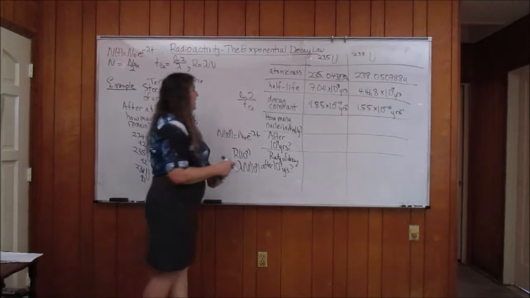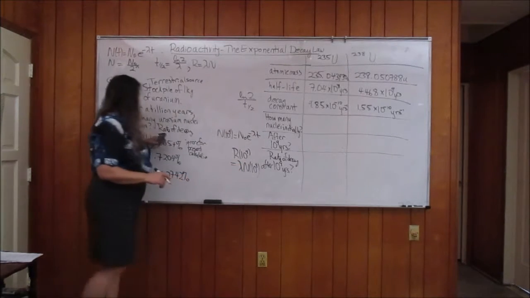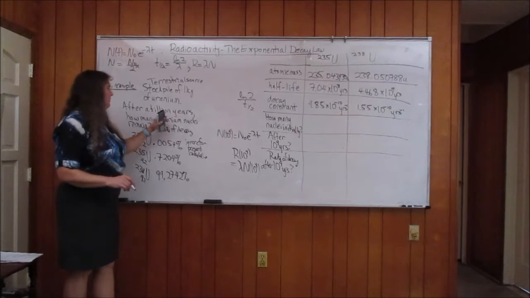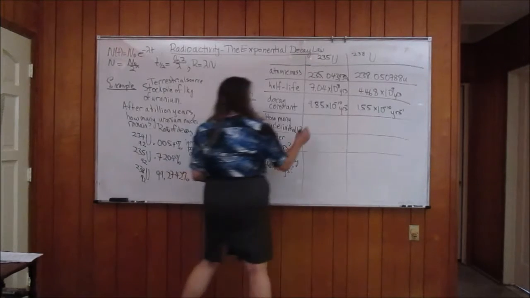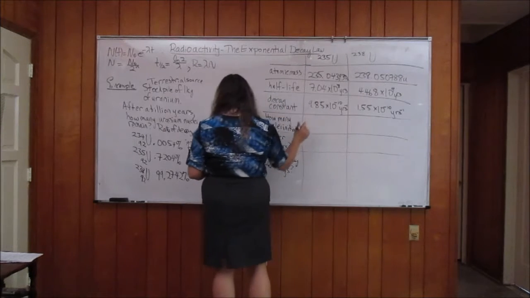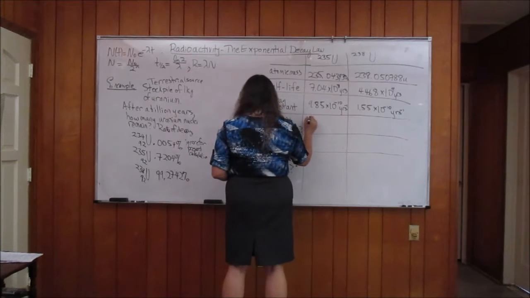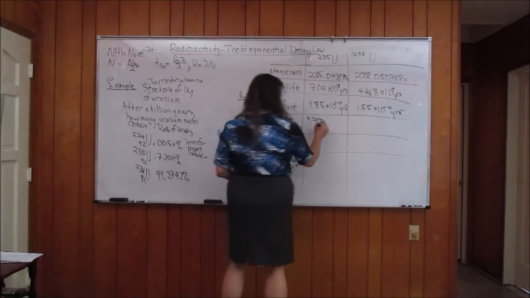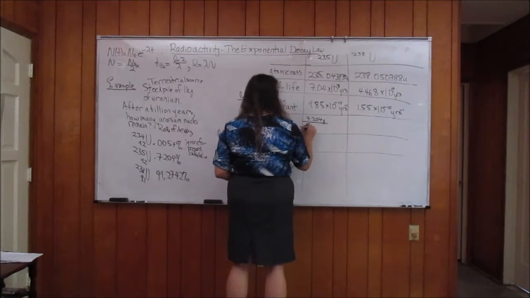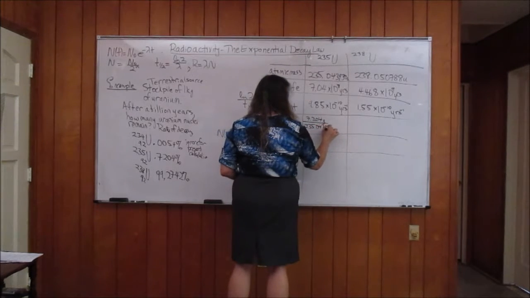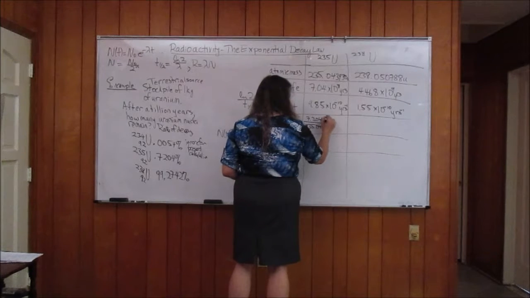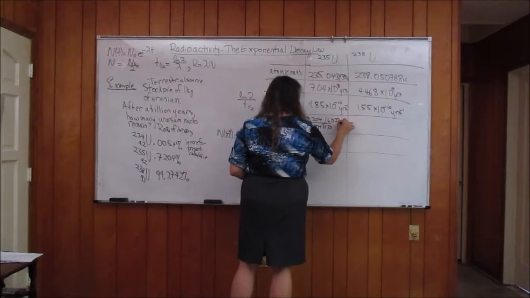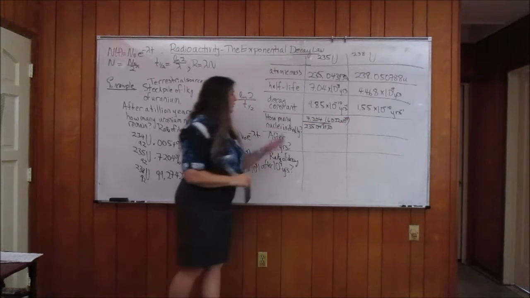So how many nuclei initially? Well, we've got a 1 kilogram stockpile of uranium. So that means the mass of U235 is going to be equal to 7.204 grams. Let me just read this out.